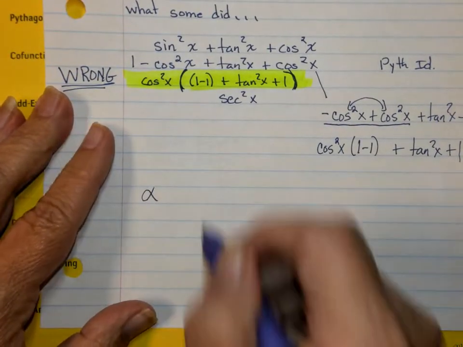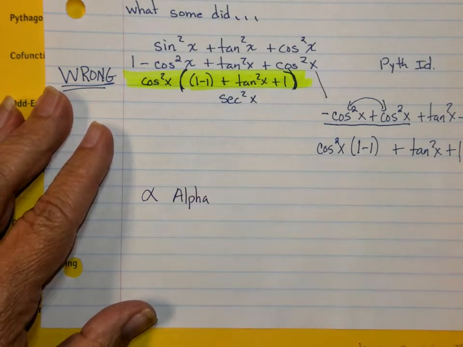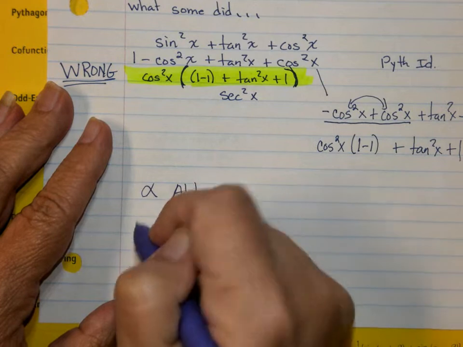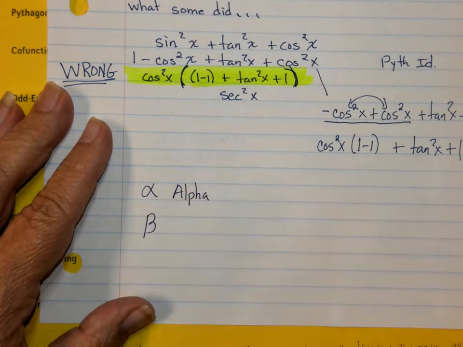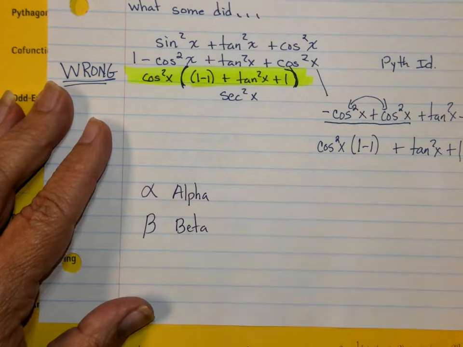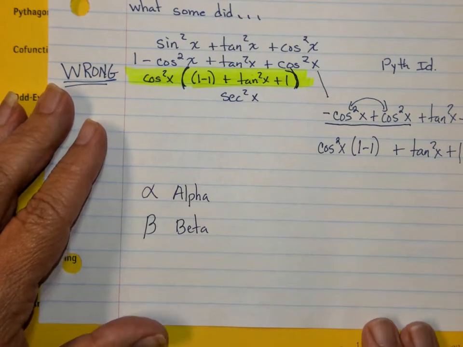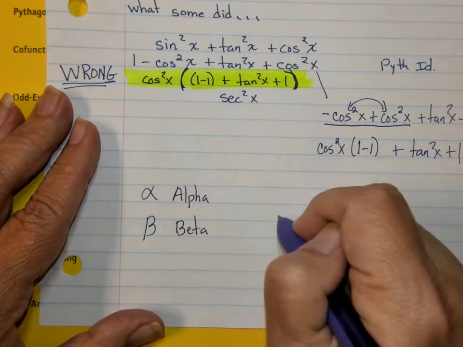This guy right here is alpha. It is the first letter of the Greek alphabet. This guy right here is beta. It is the second letter of the Greek alphabet. Fun fact shared with me by Braden yesterday.